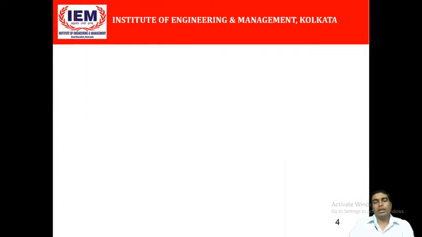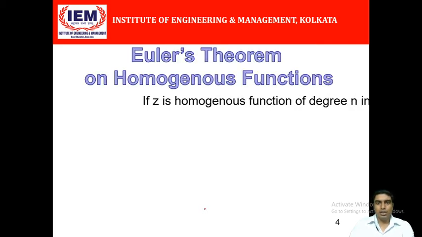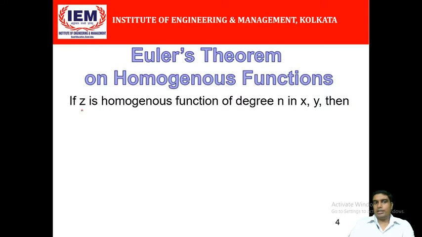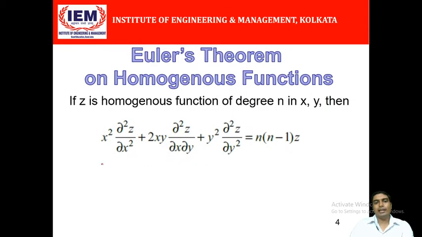Now, in terms of second order, I can write it this way. Suppose similarly z is a homogeneous function of degree n in x and y, then I will get this equality: x square del 2z del x square plus 2xy del 2z del x del y plus y square del 2z del y square equals n into n minus 1 into z.